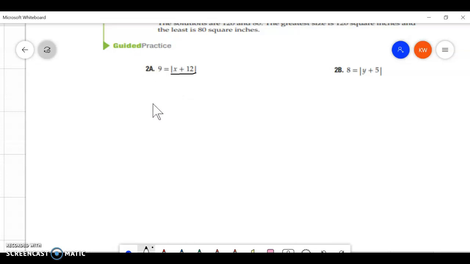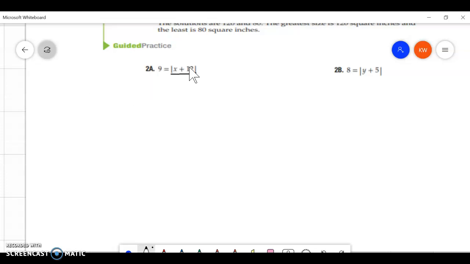And everything else that's not inside of the bar needs to go to the left. So, for this, we got 9 equals the absolute value of x plus 12. Since x and 12 are both inside of the bar, and 9 isn't, we now can go through and solve this. Now, for this, we know a couple things.